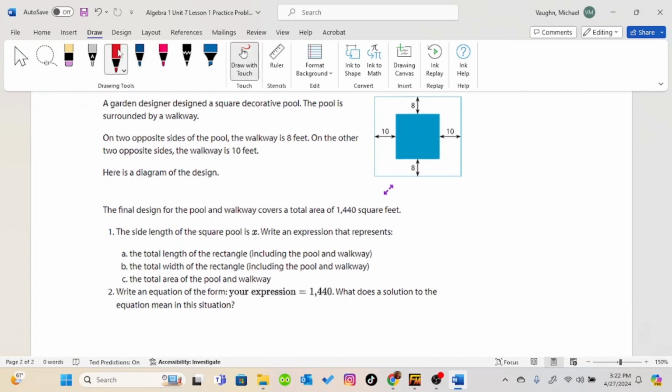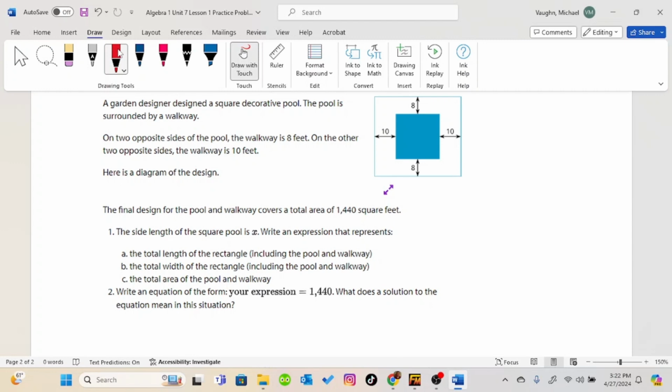A garden designer designed a square decorative pool. The pool is surrounded by a walkway. On two opposite sides of the pool, the walkway is 8 feet. On the other two opposite sides, the walkway is 10 feet. Here is a diagram of the design.